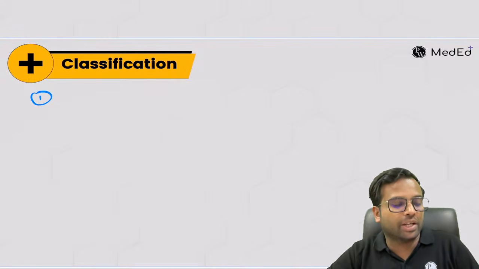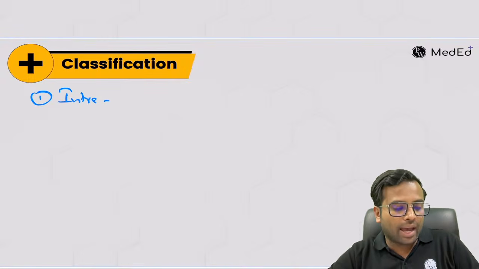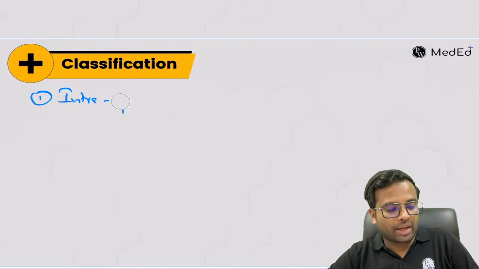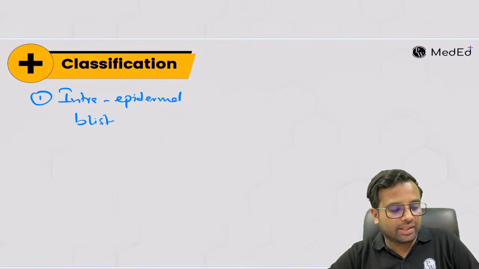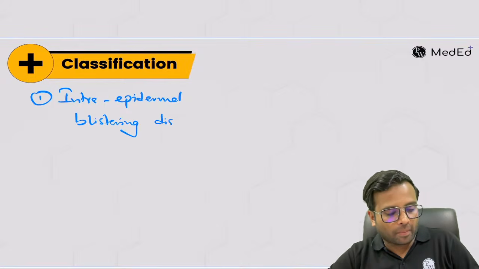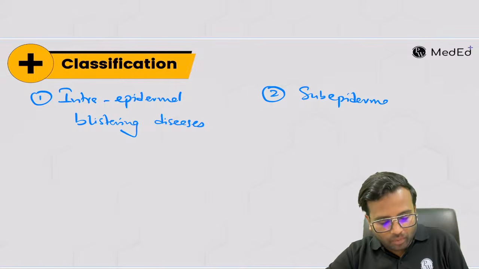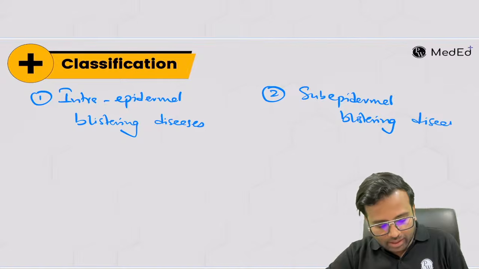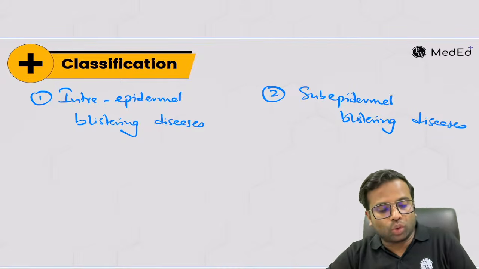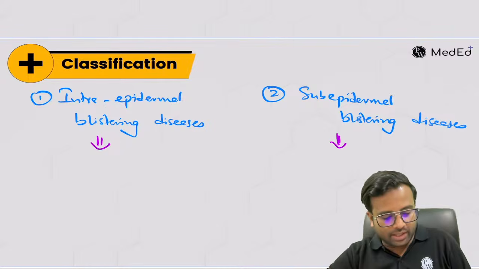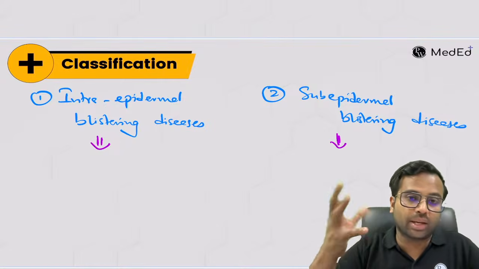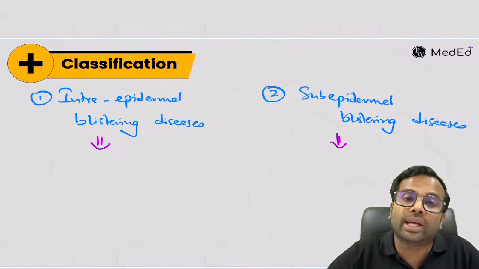The first classification is intraepidermal blistering diseases, and the second one is subepidermal blistering diseases. So these are the two types of blistering disease, either when the cleavage is in the epidermis or when the cleavage is below the epidermis.